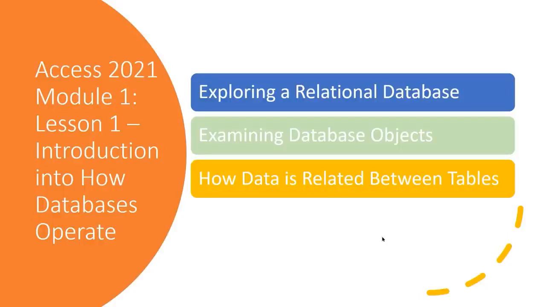It's like a customer orders and products database. It's called the Northwind database, and we can actually access it from within Microsoft Access, which will be the first thing we do when we switch over to the application. So we're going to explore that database by examining its objects and also how data is related between tables.